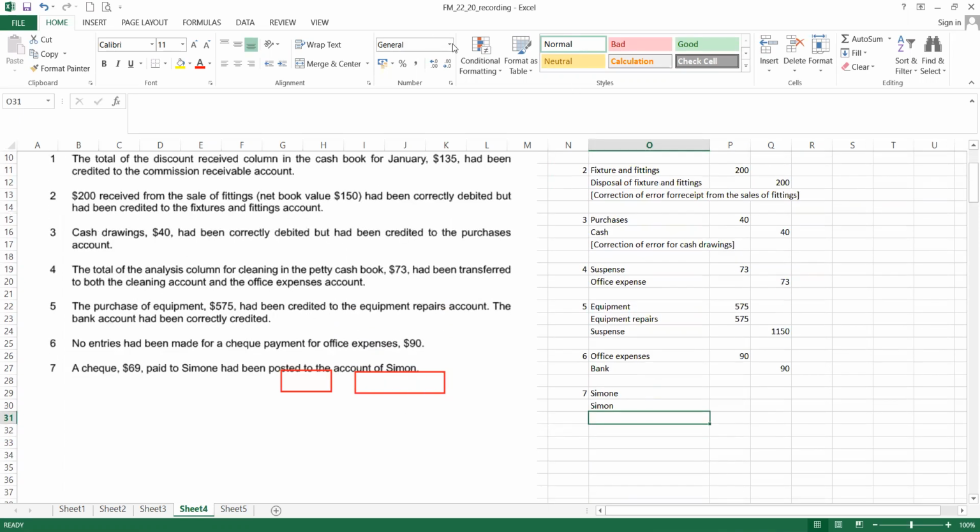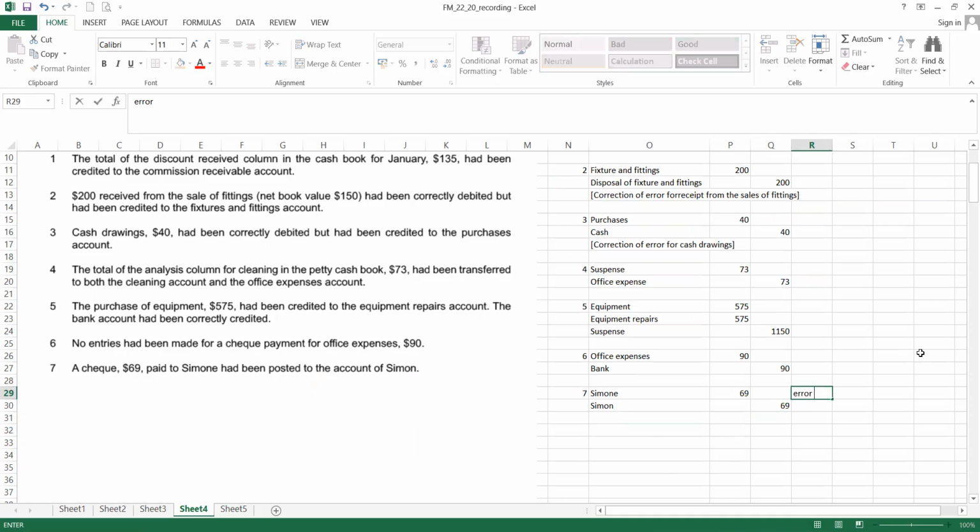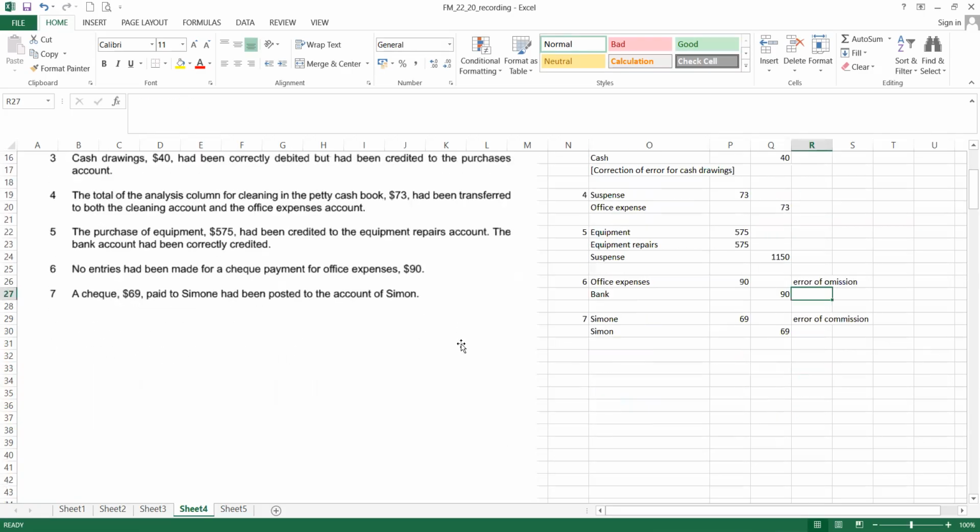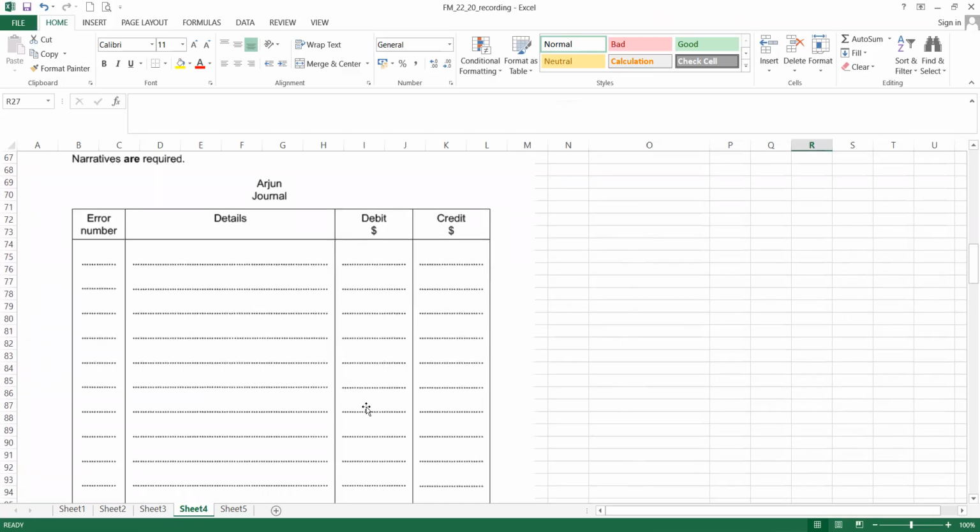So paid to Simon, Simon received 69. But Simon is the wrong account that we put in. So this is an error of commission because it's the wrong person, same class. Whereas the previous one is the error of omission. Okay, so now let's see what else the question is asking about.